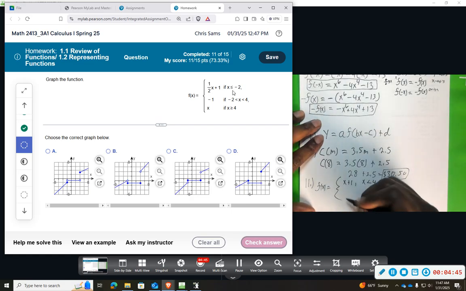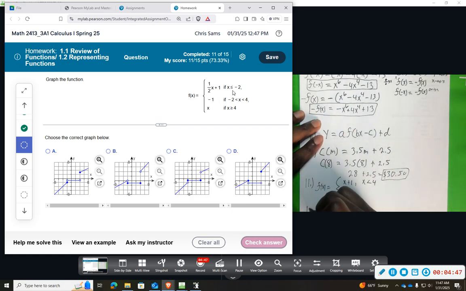So I'm going to start with this other equation, 1/2 x plus 1, and I'm going to plug in -4. I'm going to do 1/2 of -4 plus 1. This is going to give me -2 plus 1, which will give me -1.